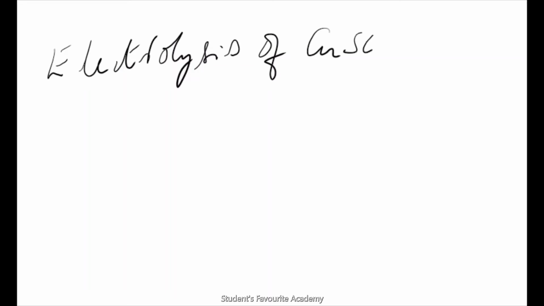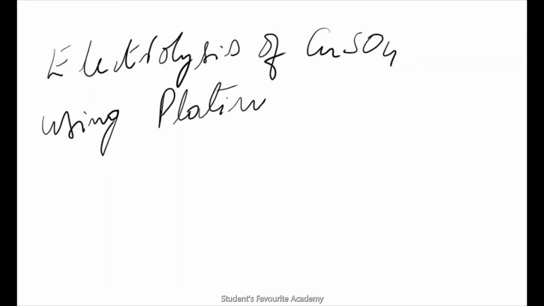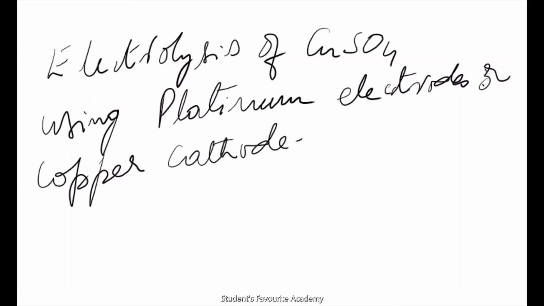Electrolysis of copper sulfate using, let us say first, platinum electrodes. See, electrolysis of copper sulfate using platinum electrodes or copper cathode.